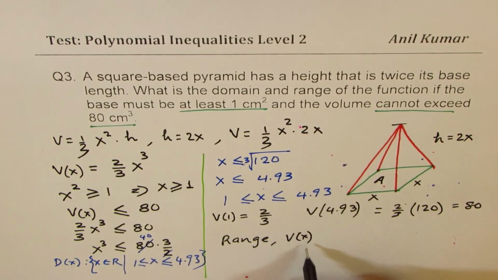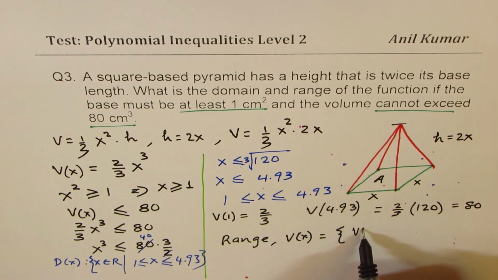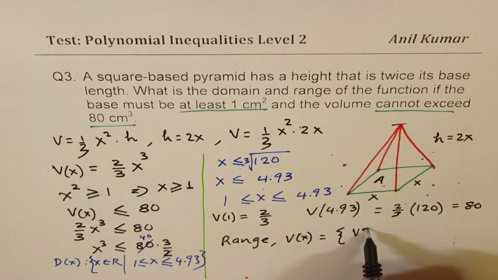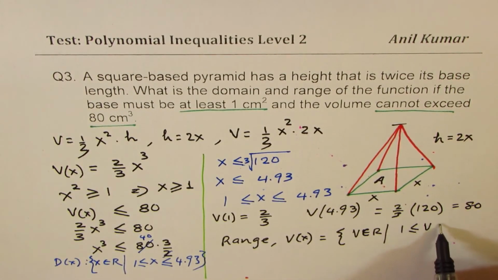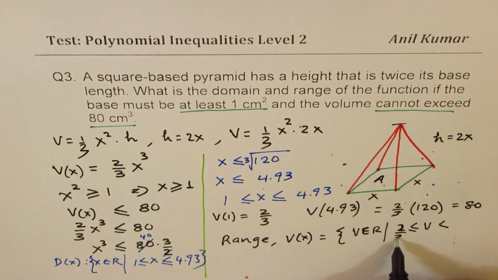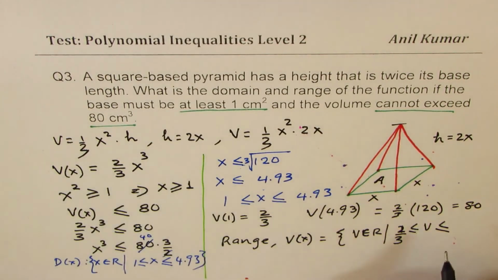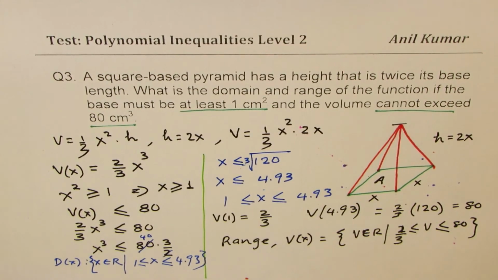As a function of x, we can say volume is all real numbers where volume is greater than or equal to 2 over 3, and less than or equal to 80, which is given to us. If you calculate back, you'll get the same value. Perfect. So that is how you're going to answer this question.